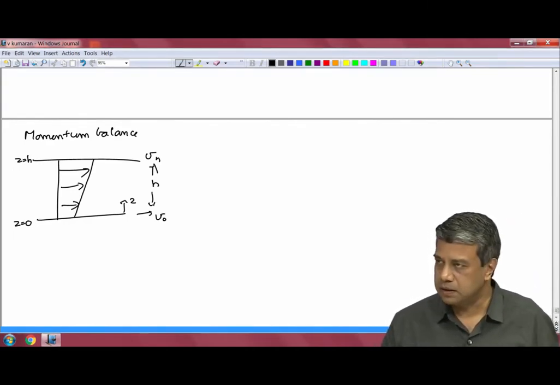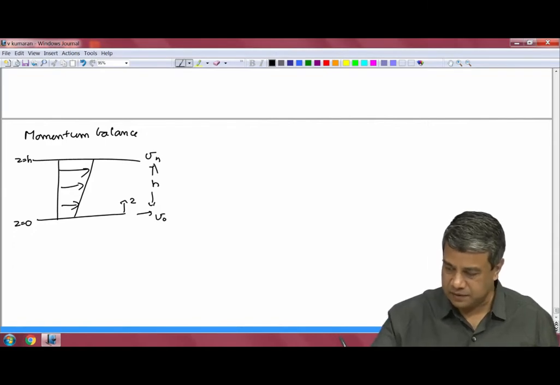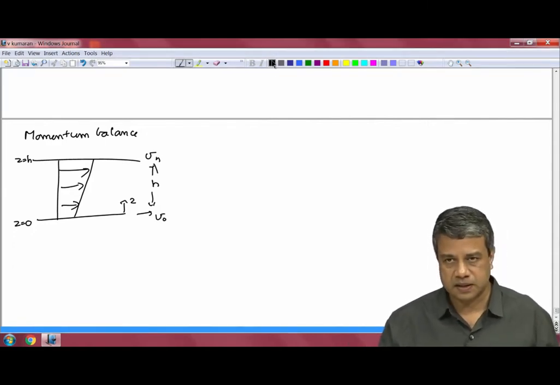And the balance equation is slightly different from what we had earlier for mass and energy.